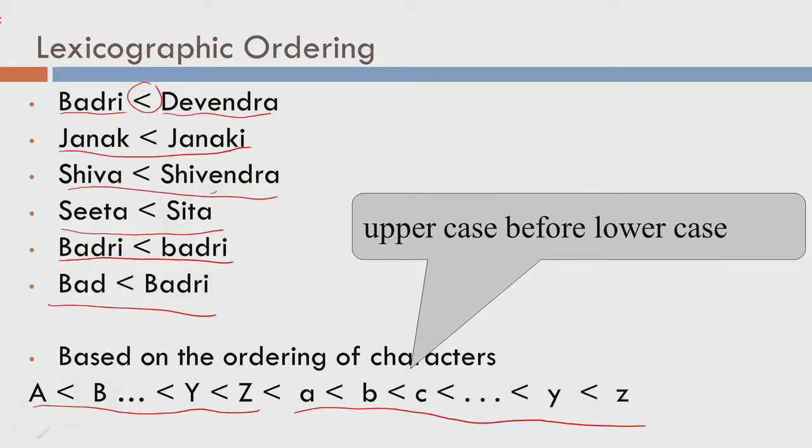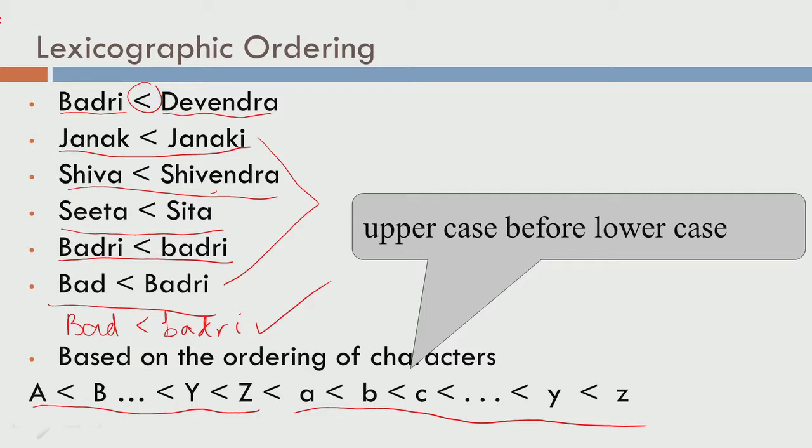As a final example, BAD is less than Badri with capital B, because BAD has 3 characters and BADRI has 5 characters. This is similar to the Janaki and Janak example. In fact, BAD is also less than badri, because BAD starts with a capital B, whereas badri starts with a lowercase b.